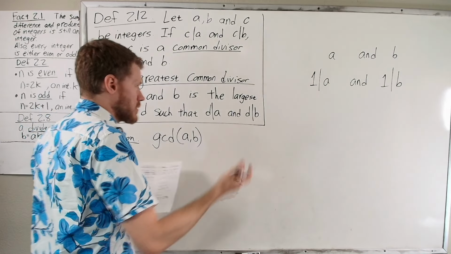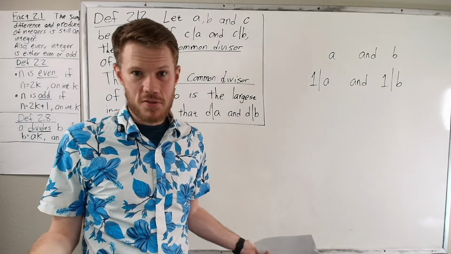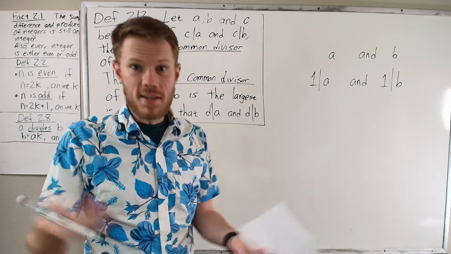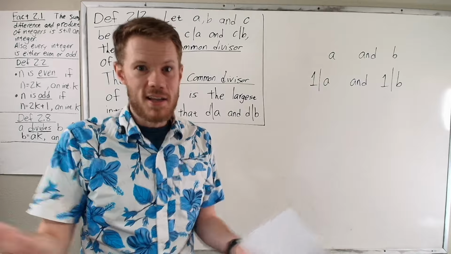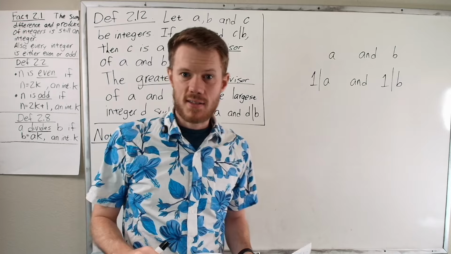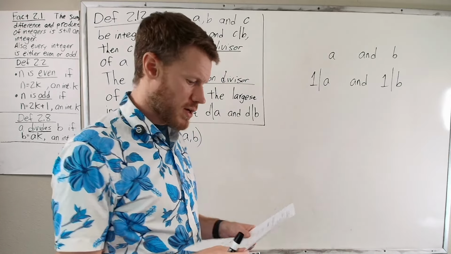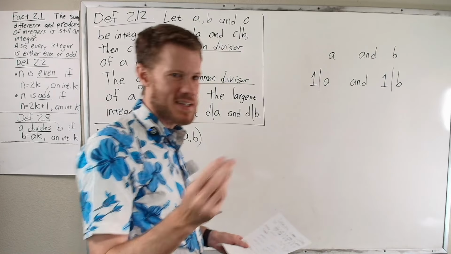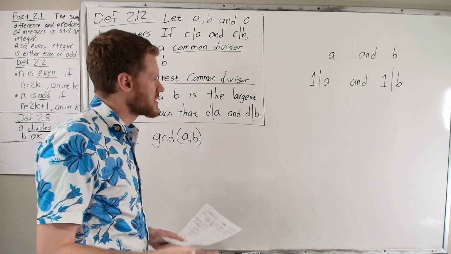Well, if there were a pair of integers which had no common divisors, well, then certainly there's not a greatest among the common divisors. There's not any common divisors. But that's not going to be an issue because 1 always divides both of them. Okay. So 1 is always a common divisor, a CD. But why do we have a GCD?